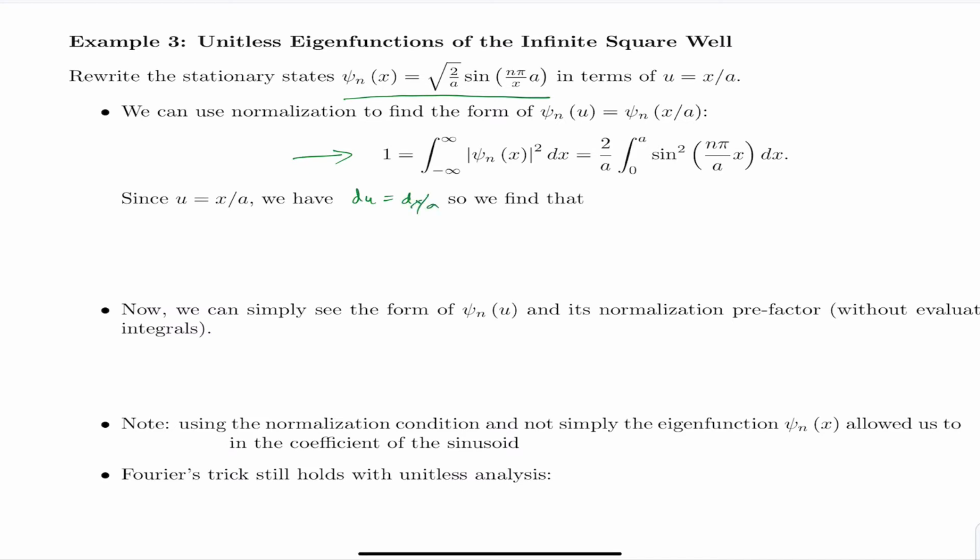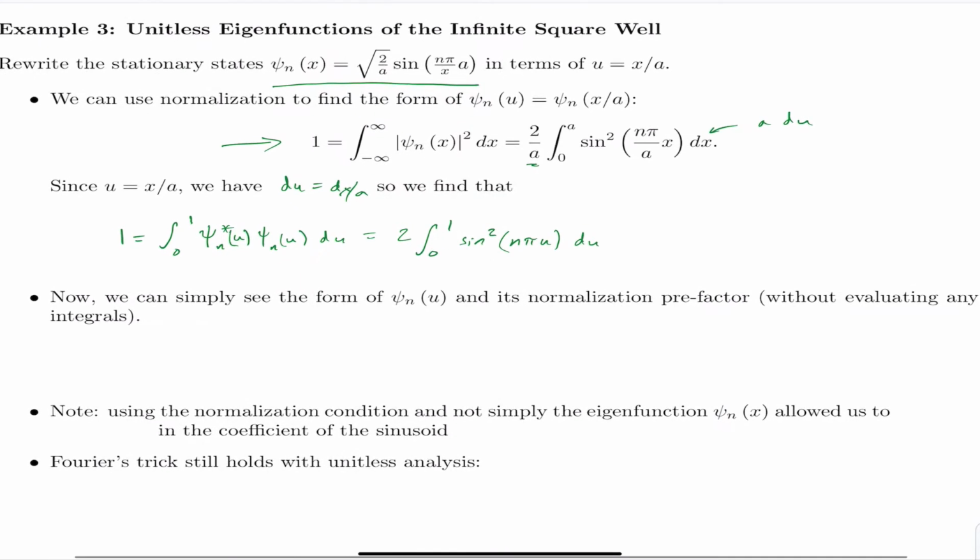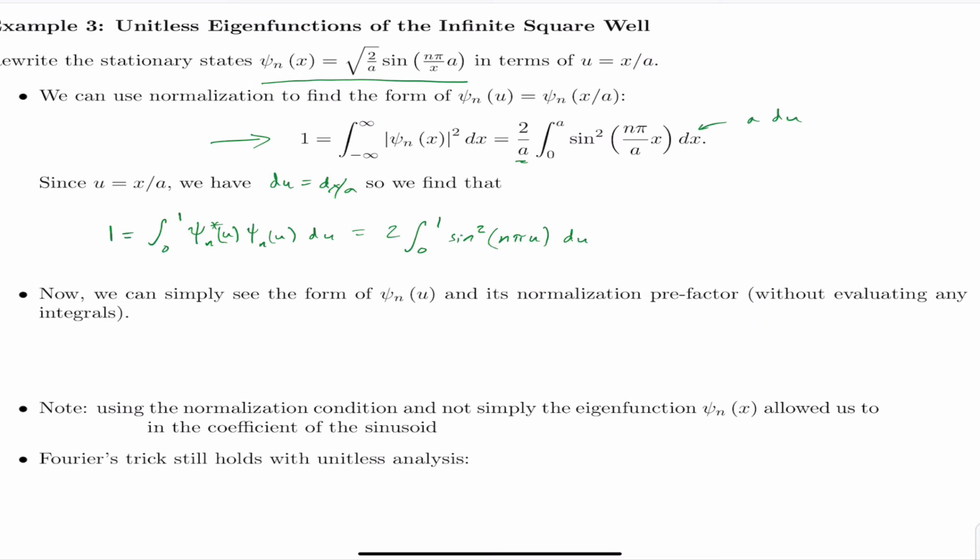And so I can identify dx as a times du, and so we can rewrite this and cancel the a, so we have this. So now we can see the form of psi n of u, and we don't have to really evaluate anything, so we'll just write this out here. We'll call this equation 2.